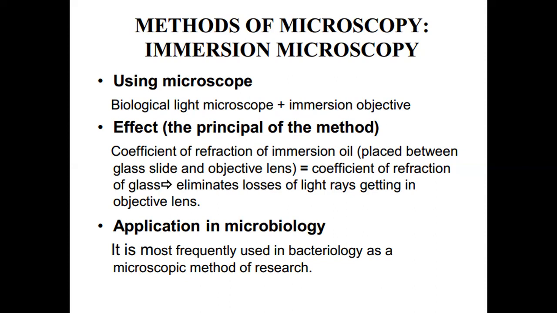The main effect is the coefficient of refraction of immersion oil, which is placed between the glass slide and the objective lens. You just need to put one drop of oil on the slide, and this oil will increase the coefficient of refraction of glass and oil.